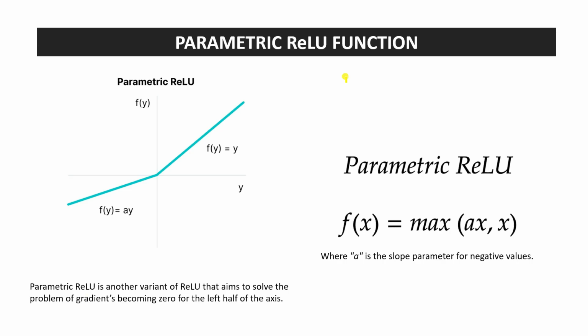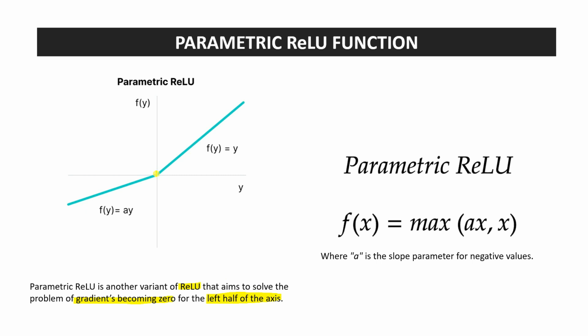So our next activation function is the parametric ReLU function. Parametric ReLU is another variant of ReLU that aims to solve the problem of the gradient becoming 0 for the left half of the axis. In the ReLU activation function, the left half of the axis becomes 0 and causes one problem called the dying problem or dead neuron.